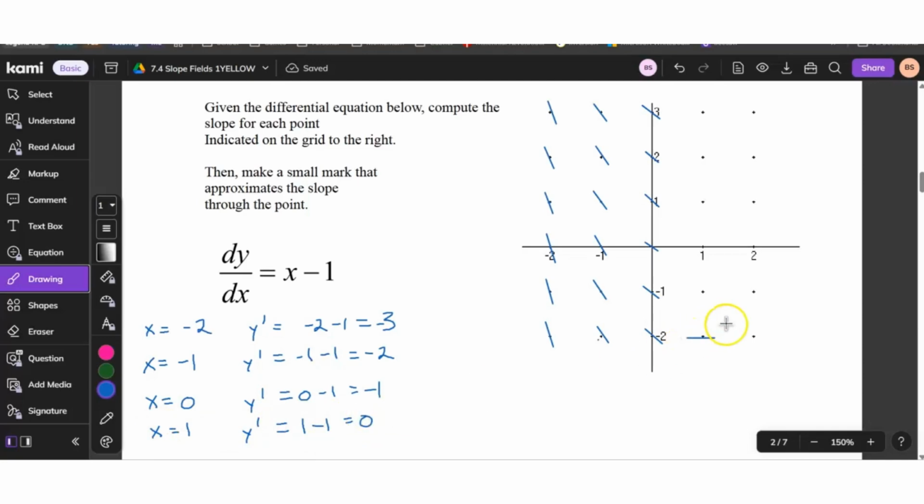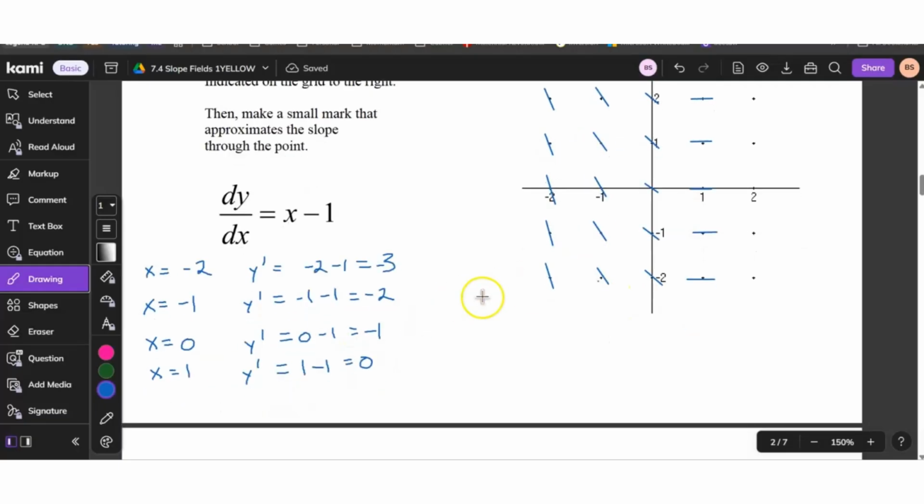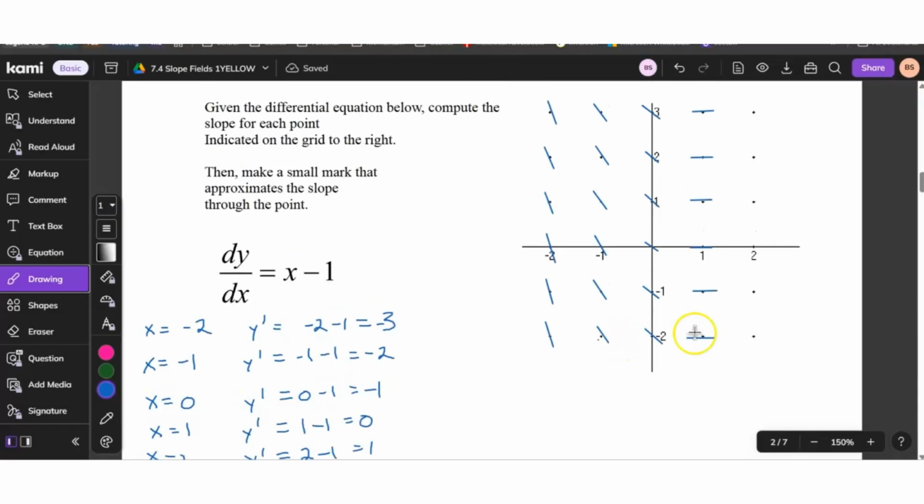Exactly. So it's a yes. Okay. It should start to make sense now. And then our last one is x equals 2. 2 minus 1 gives us +1 this time. So now when we draw these ones, we need to draw them all as a slope of +1.